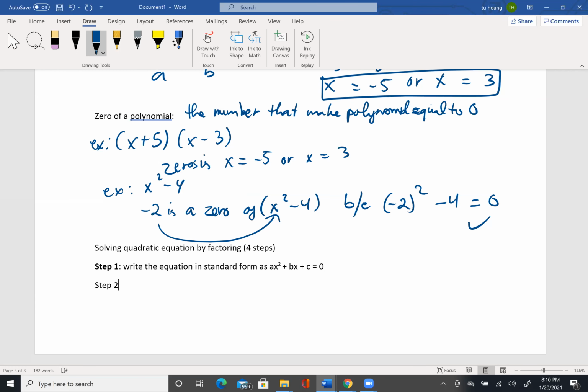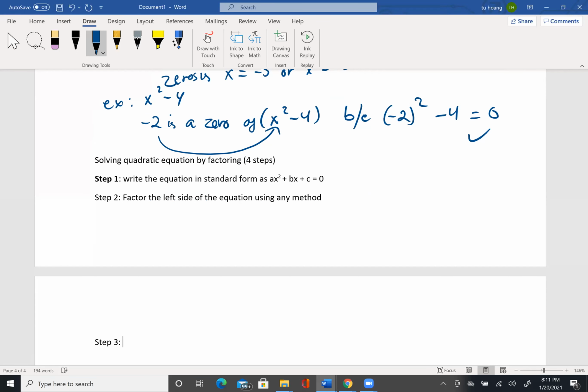Step 2, factor the left side of the equation using any method.